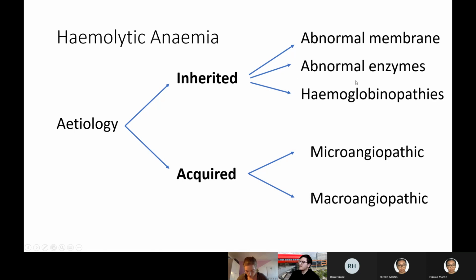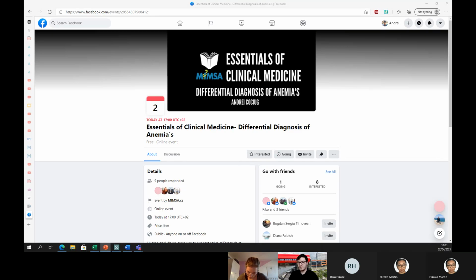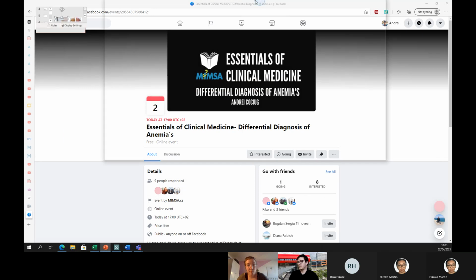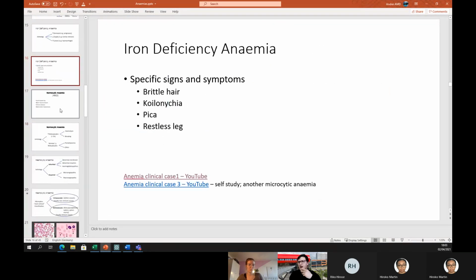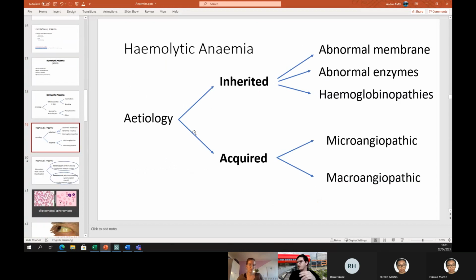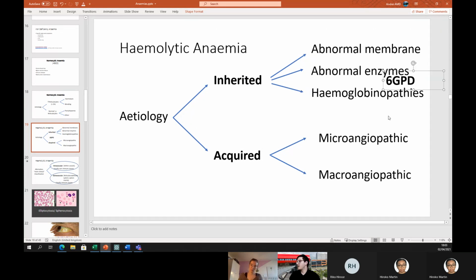We could have abnormal enzymes. In particular, you'll see frequently mentioned this one enzyme that I want to write down for you guys. It's called glucose-6-phosphate dehydrogenase.